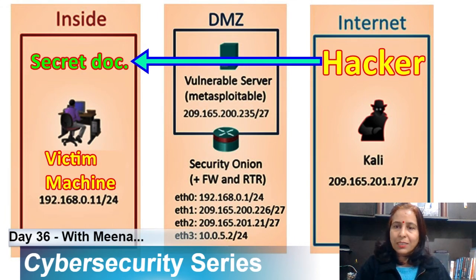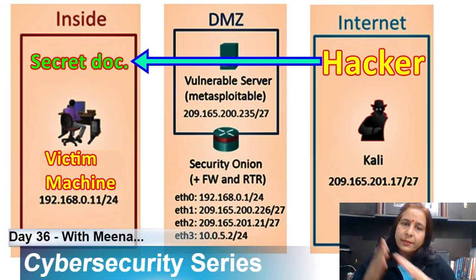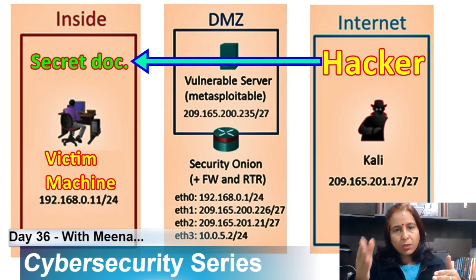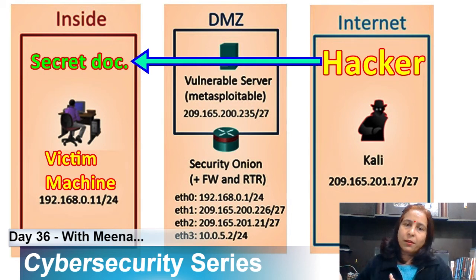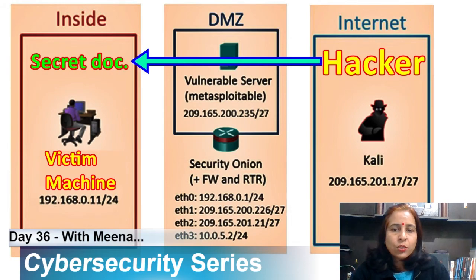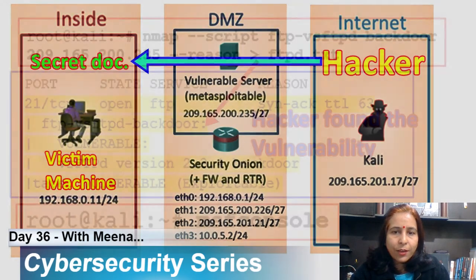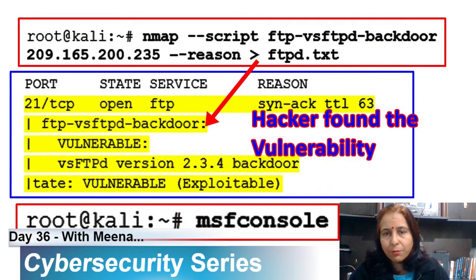Security Onion is used here. After getting the username and password of that inside victim machine, they will get the secret document out of the victim machine. Let's see how he found all this information.